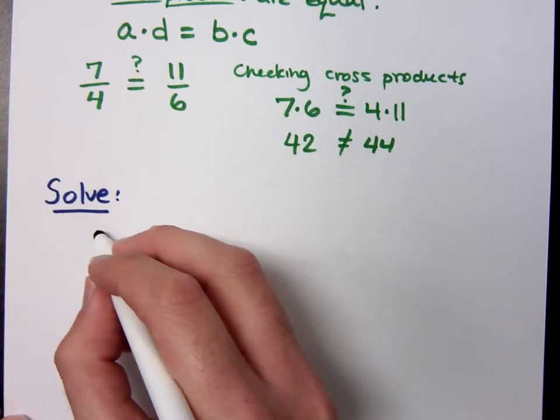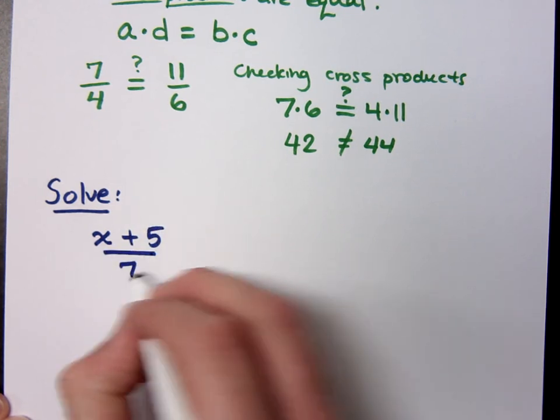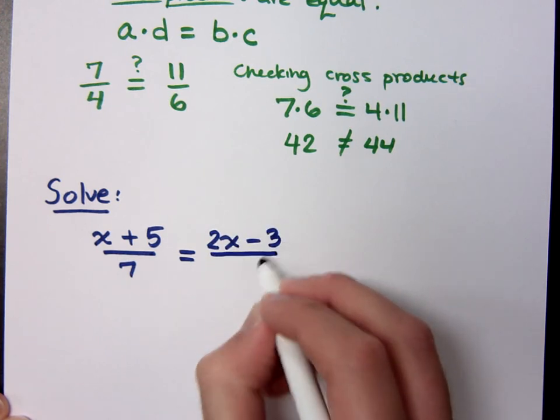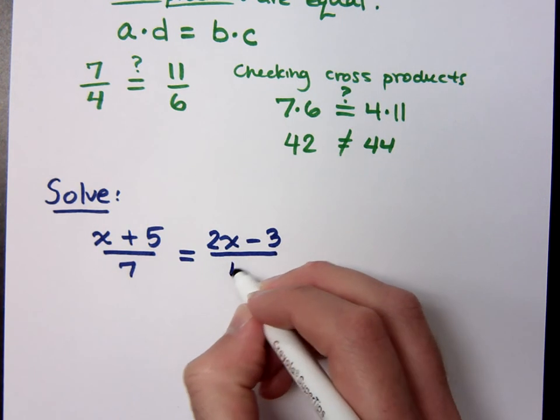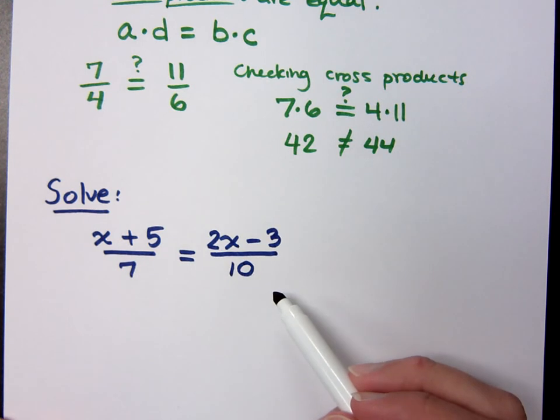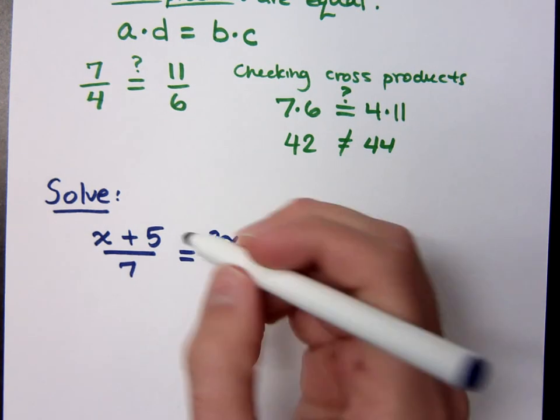So if I say solve (x plus 5) over 7 is equal to (2x minus 3) over 10, see, we start with the assumption that what we have is true. So that means we assume that what we have is a proportion, which means that the cross products are equal. So I can go from an equation that contains fractions to an equation that doesn't contain fractions, because I can just do the cross product.